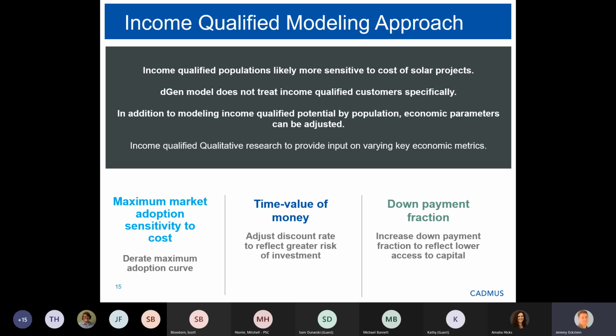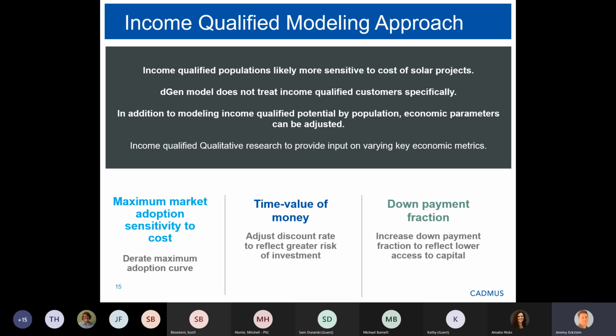The DGen model doesn't treat income qualified customers specifically, but I think there's reason to believe that income qualified populations are more sensitive to cost, specifically for solar projects. So we have several variables that we have already talked about that we want to consider adjusting for the income qualified population.